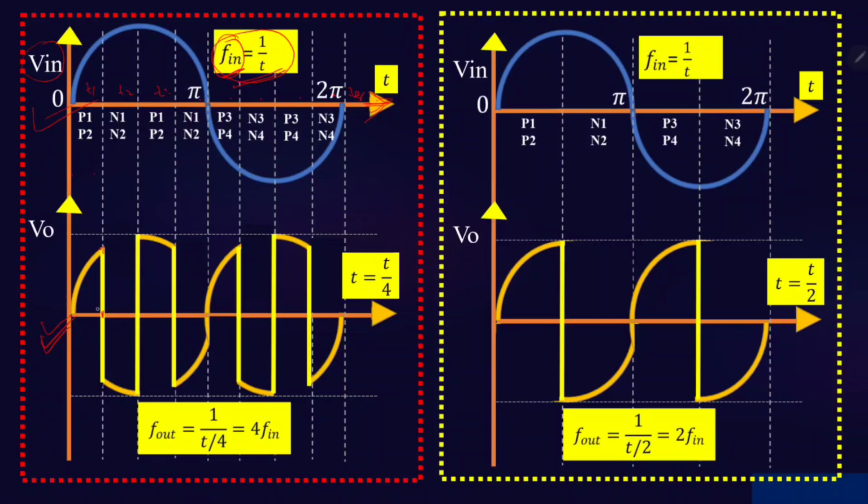Suppose this is T1. For this time period, P1 and P2 will be on from the positive converter. Again from T1 to T2, N1 and N2 will be on from the negative converter. These are the time periods T0, T1, T2, T3, T4, T5, T6, T7, T8. So from T0 to T1, P1 and P2 will be on from the positive converter. Then T1 to T2, N1 and N2 will be on from the negative converter.